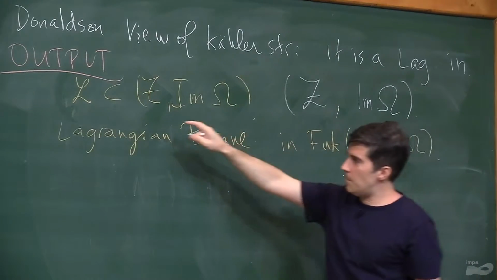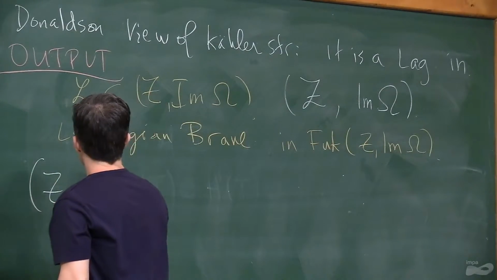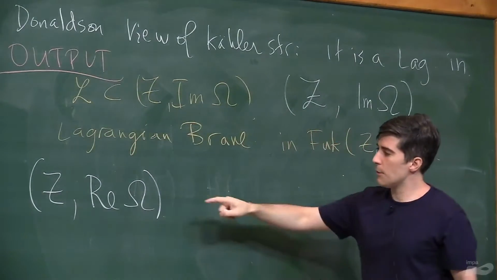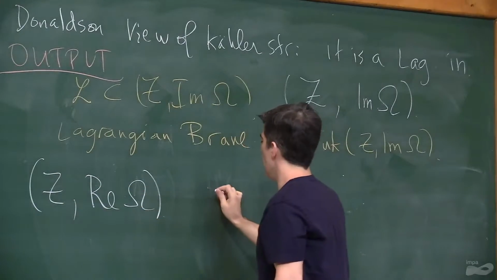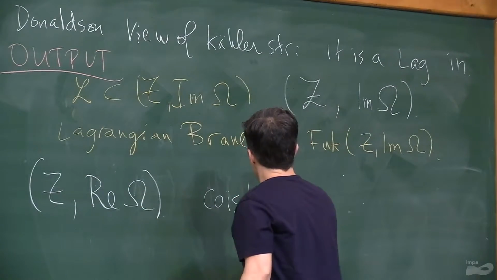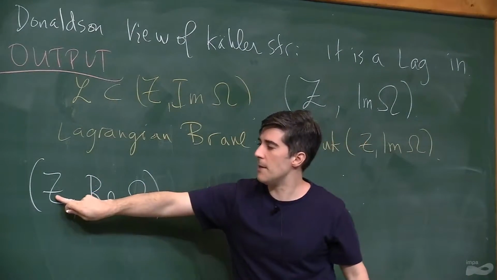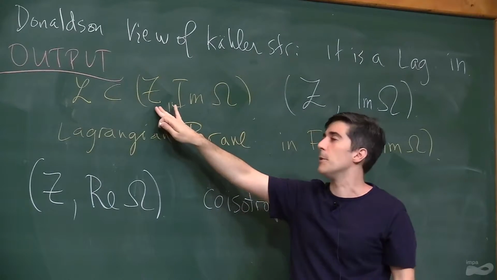So the other output that we have is the real part. The real part on this whole space is what's called a coisotropic submanifold. Actually, Z just by itself is coisotropic inside Z. That's just a stupid comment.